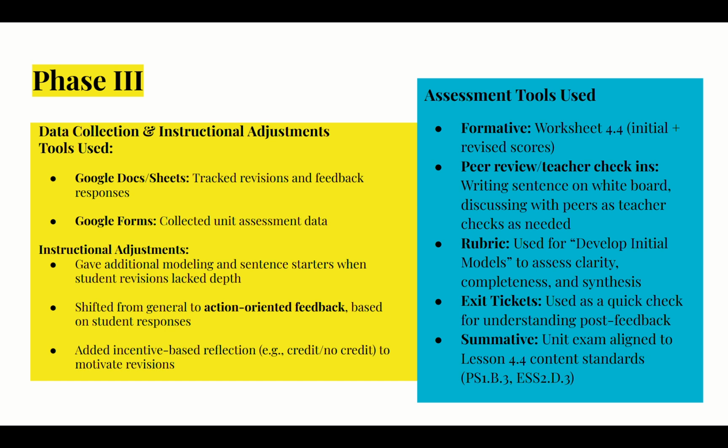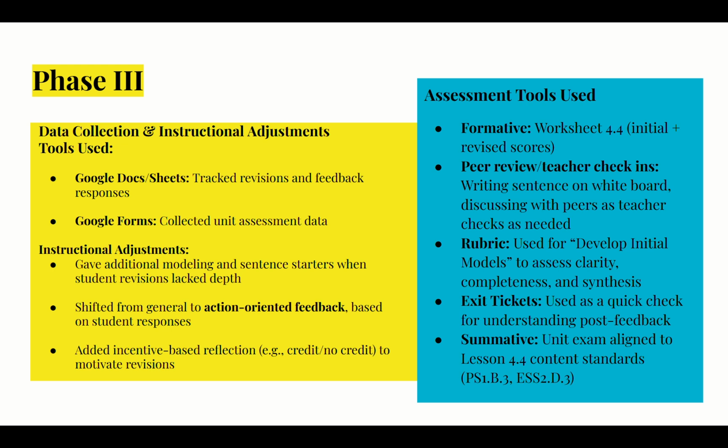In phase 3, I used Google Docs and Sheets to track revision and feedback responses. Then my formal assessment was a unit assessment at the end. Here I really got to collect all my data. The instructional adjustments I made were giving additional modeling and sentence starters to students who weren't able to get to that depth of a response, especially my students requiring extra language support.